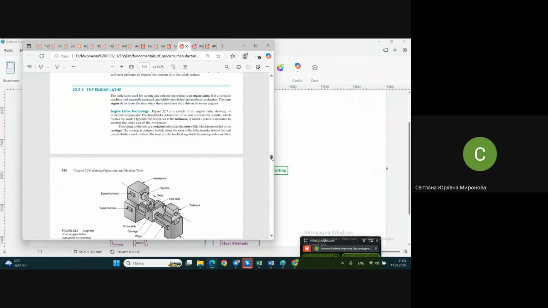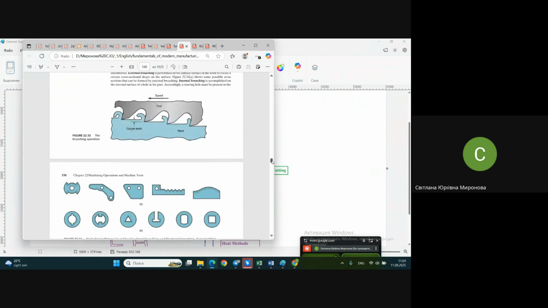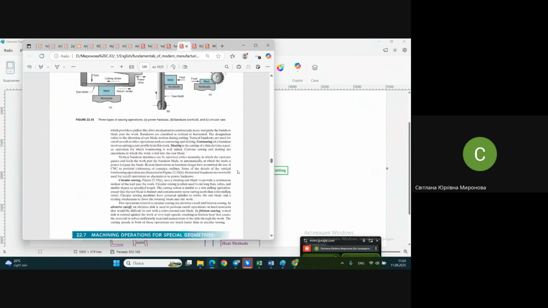And next, some chapters will be about non-conventional machining. So if you need some broaching, you see the holes and shapes available by broaching in manufacturing. Try to imagine how to make such slots, for instance, or holes by conventional machining if it's necessary to do it in massive parts.